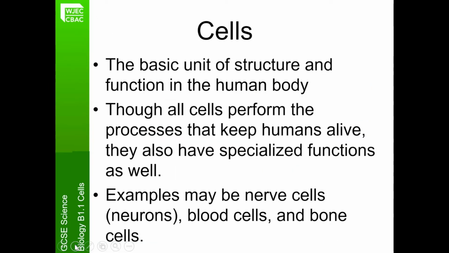So if we look in detail at each level of organisation, cells are the basic unit of structure and function in the human body. Though all cells perform the processes that keep humans alive, they also can have specialised functions as well. So nerve cells carry electrical messages that we've already studied. They are called neurons.